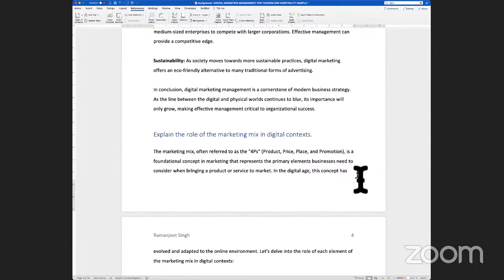Okay, let's go across to task 2, which talks about explaining the role of marketing mix in digital context. Now, marketing mix would have been covered in the form of 4 P's of marketing, 7 P's of marketing, and today we also have 9 P's of marketing.